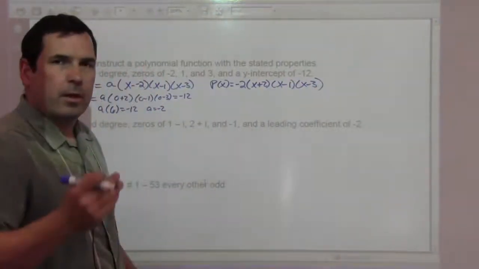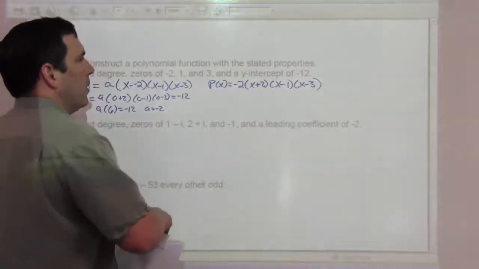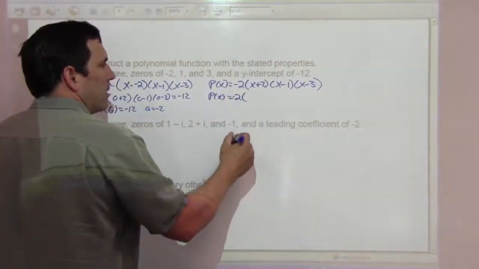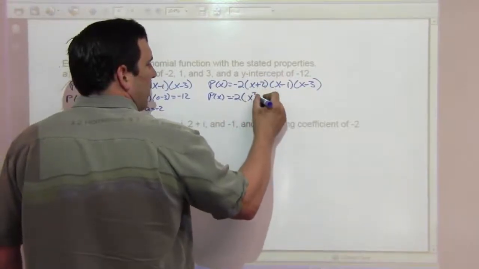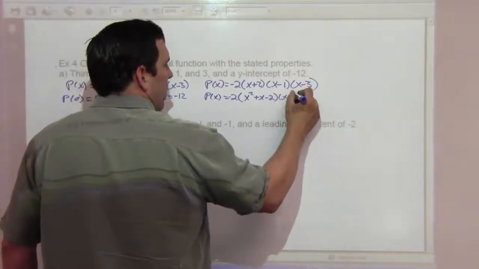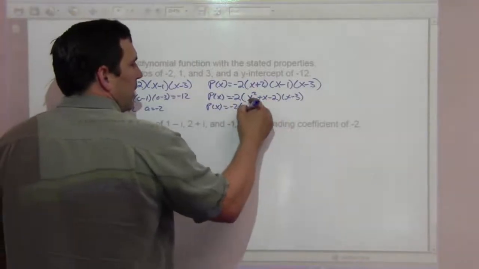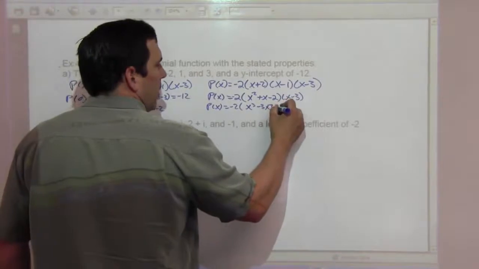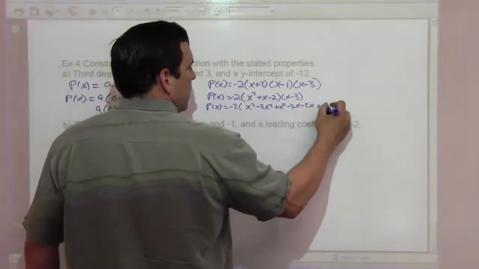Now what I'm going to want you to do on this, and also on the exam, is to multiply these out. So p of x is negative 2 times x plus 2 times x minus 1, which is x squared plus x minus 2, times x minus 3. I'm going to multiply this out: x squared times x, x cubed, minus 3x squared plus x squared minus 3x minus 2x plus 6.